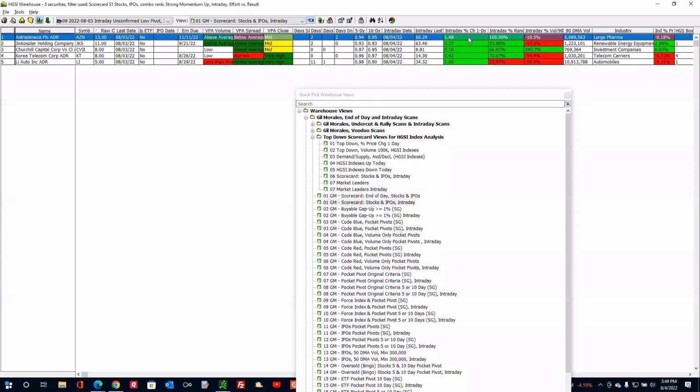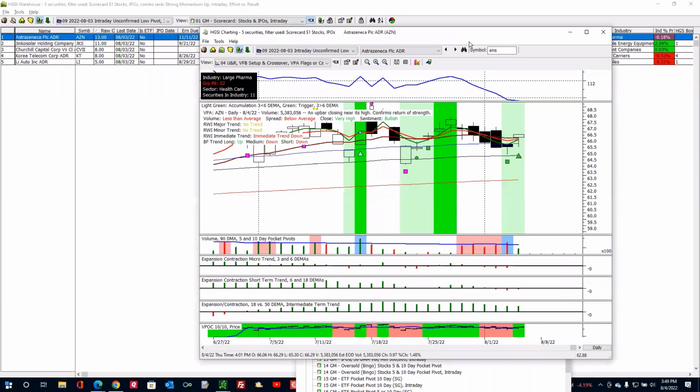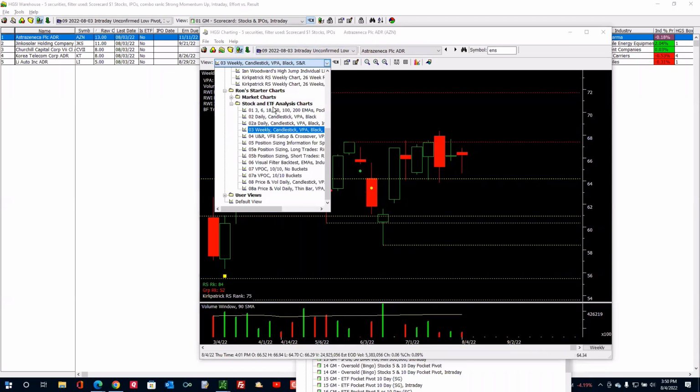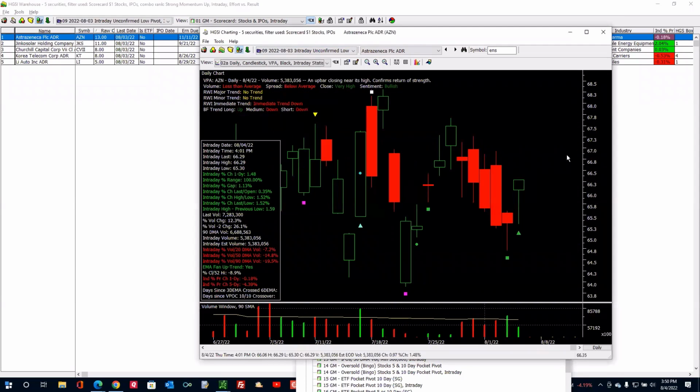Let's look at AstraZeneca, and I'll explain what I'm talking about. Let's just use this chart here. The low pivot. Oh, that's a weekly chart. No wonder. I was going to say, where's my low pivot? Okay, here's your low pivot on this stock.